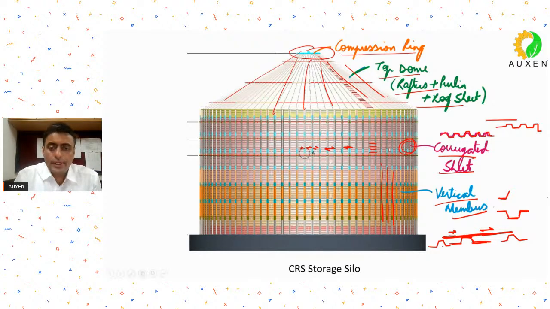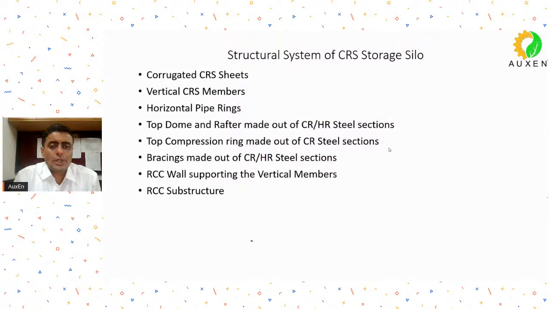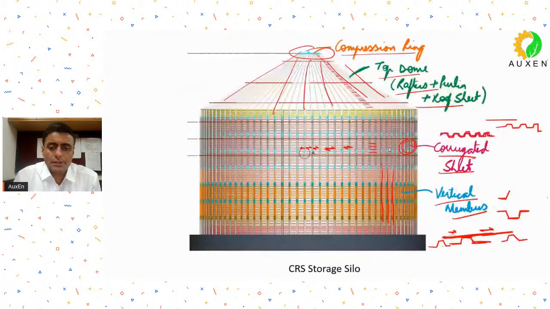Then what else do we have? So I have just mentioned the structural systems: corrugated sheets, vertical cold roll members, horizontal pipes. There are some horizontal pipes over here at certain intervals just to keep that entire sheet assembly in place. They call them the wind pipes.